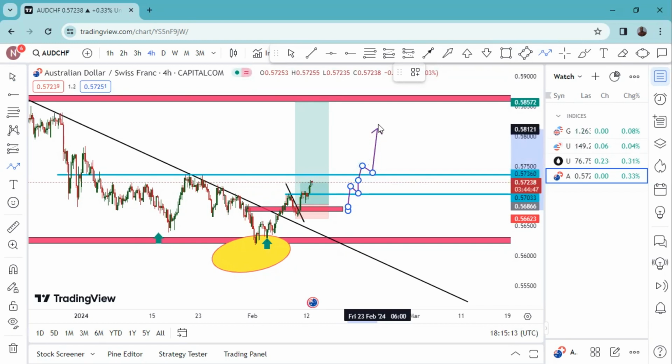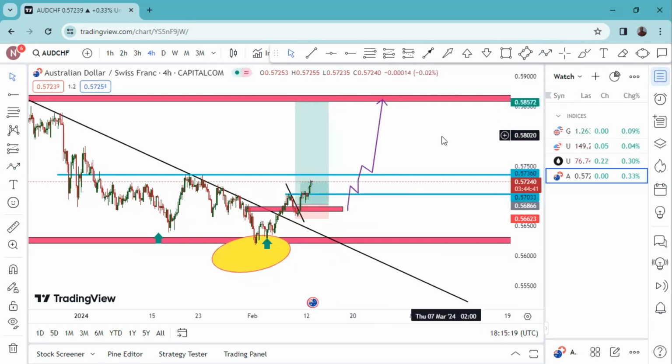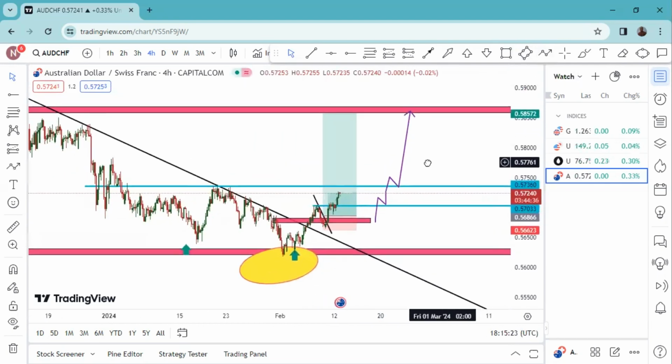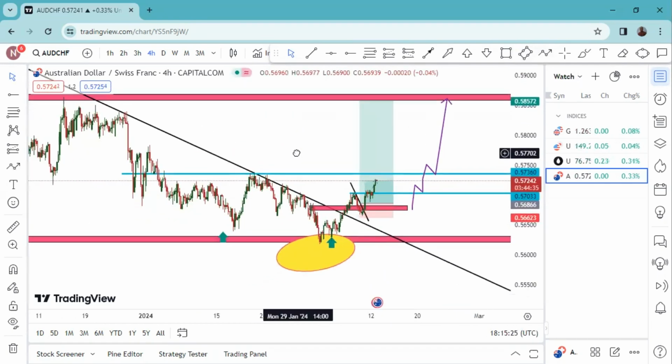Then the rest, like 20%, I can hold to the top. That's what I did. That's what I'm expecting.